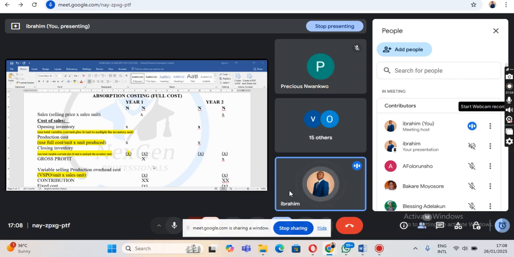The variable selling production overhead cost, class, when you see it in the question and they say you should prepare absorption costing, charge it to your expenses, because it's an expense you incurred in the process of selling. That is under absorption costing, because absorption costing is allowed by the relevant tax authority.